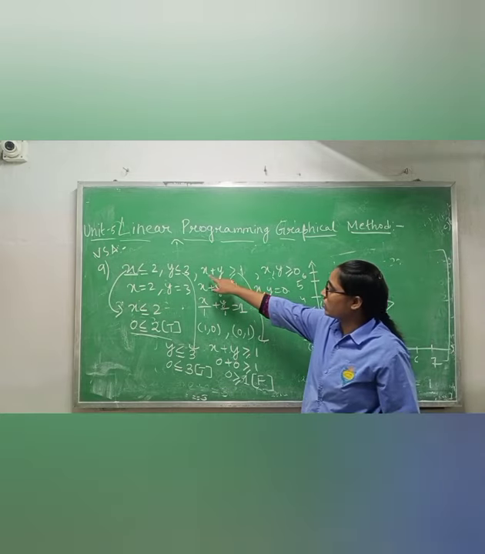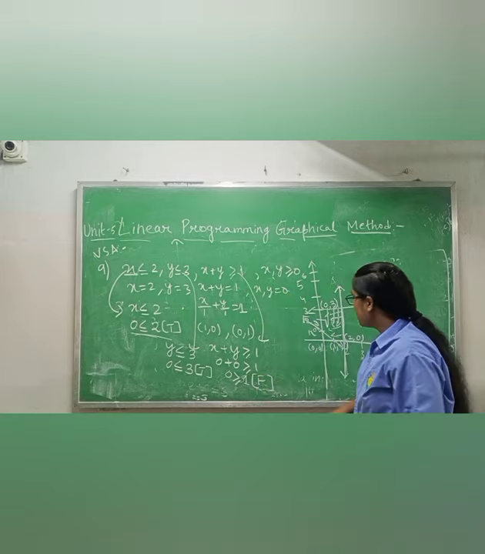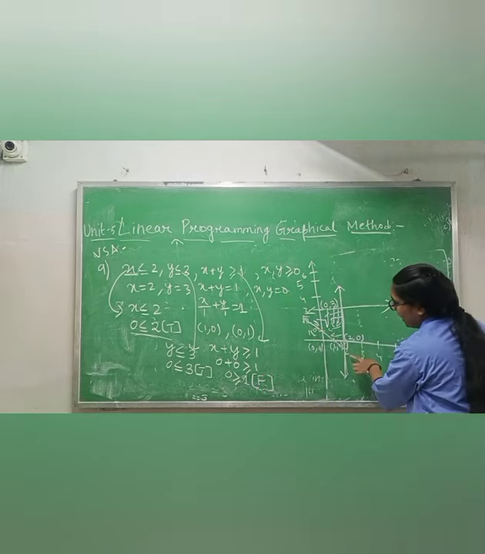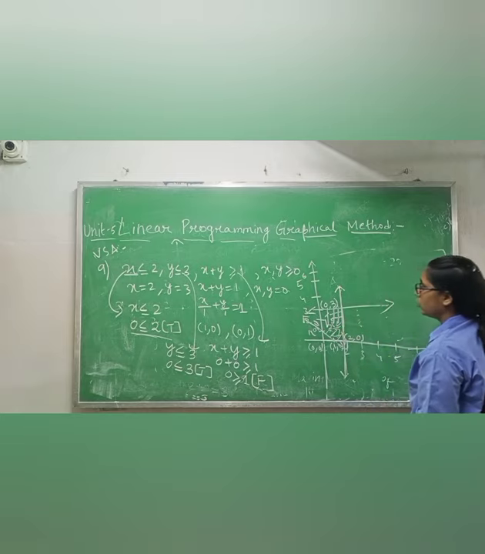But for the third equation, x plus y is greater than or equal to 1, it is coming false. At that time, this line is here, so it will go away from the origin.